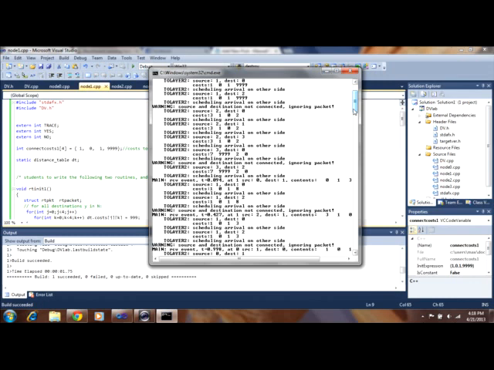Node 1 is going to say, oh, okay, it's going to take the information that it got from node 0, and it's going to say, oh, okay, I can get to node 3.